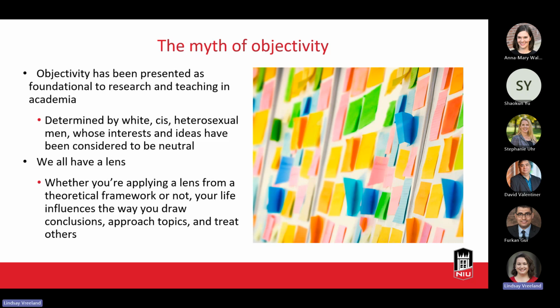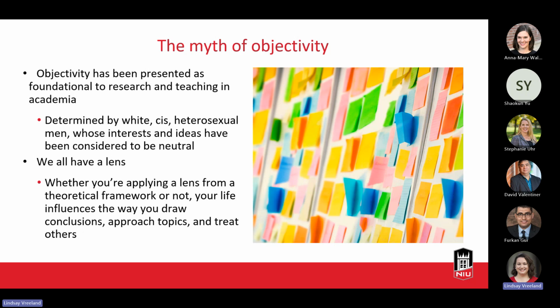So thinking about positionality and thinking about the things that we hold to be important and how they influence the way that we view the world, this is actively in conflict, excuse me, with objectivity. So while especially in the writing classroom, which, as I said, I come from teaching a lot, in that space we talk about writing in an objective voice, but students can never really be fully objective.